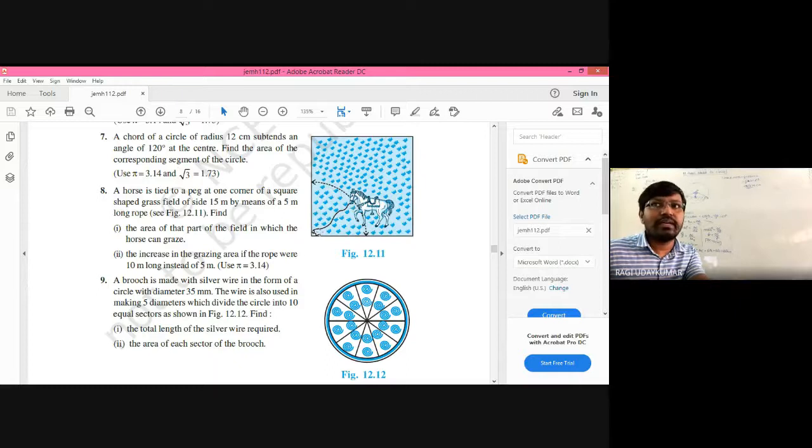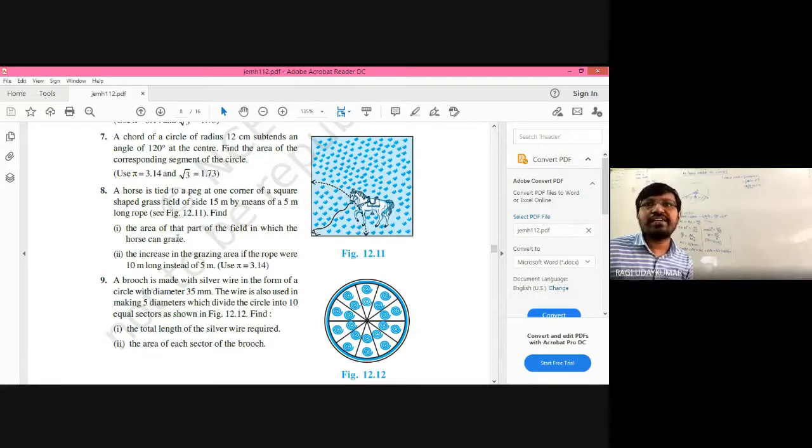So it forms a sector. But what is the angle here at the center? 90 degrees. And the radius makes a quadrant. If you complete the circle like this, the 90 degrees part will be a quadrant, so 1/4 of the area of the circle.